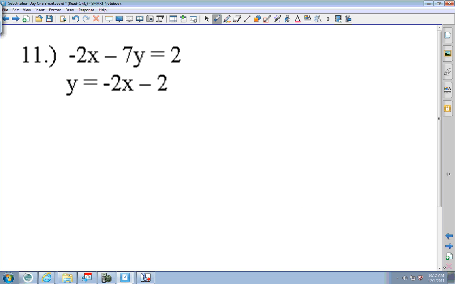Here's the next one. Erase your boards. Write down this problem. Remember, we're looking for our solution. That's where the two lines intersect. One of the problems is already in y equals form, so I want you to circle what y equals, and let's substitute this in for y.